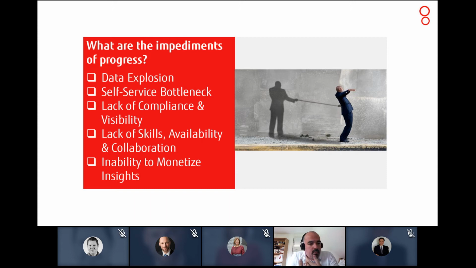We also find another very big blocker, which is the self-service bottleneck, as we call it. Basically it says that more and more people are acting as citizen data scientists. Meaning everybody is able to use an Excel file, make some statistics, or follow a tutorial on the web and try to go at data themselves.